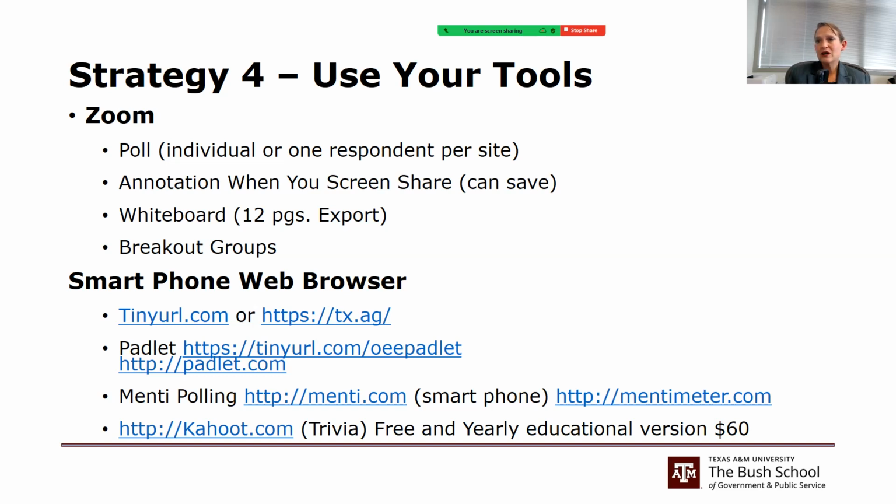The biggest consideration is the microphone feedback issue, because typically the speaker would have to have their microphone muted so you don't get a lot of feedback. So that's the hardest part about the Zoom breakout groups. It might actually make the group work easier to do it by location.